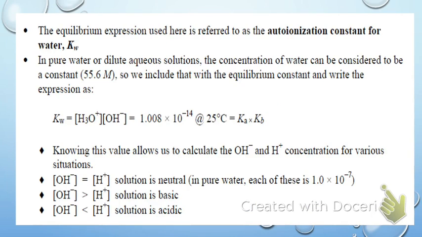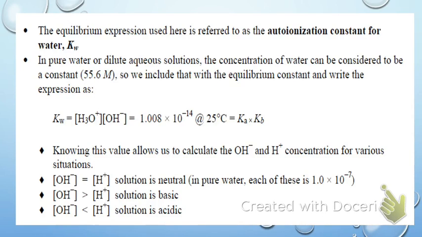The equilibrium expression here for the auto-ionization is Kw for water, okay? Just like you go back and look at that equation, we don't include pure water, so the Kw is equal to the hydronium concentration times the hydroxide concentration, and they are equal to 1 times 10 to the negative 14.